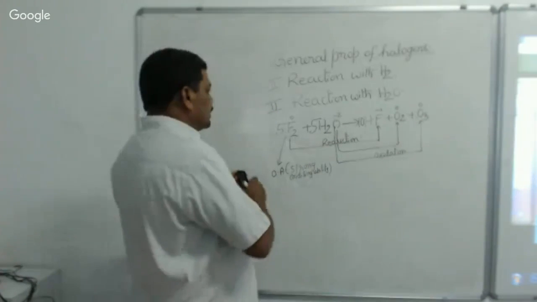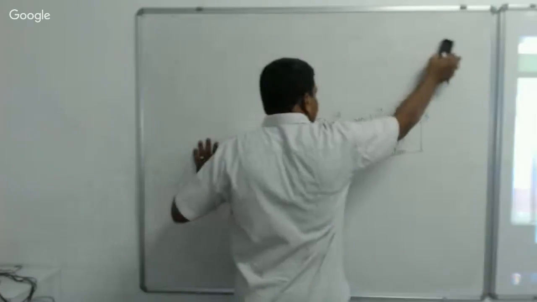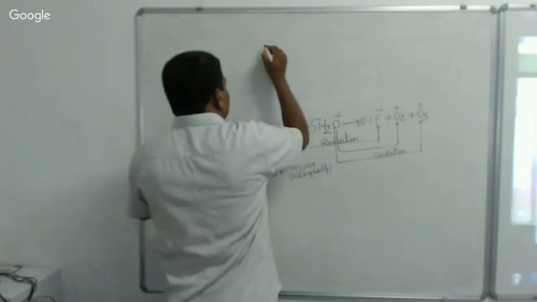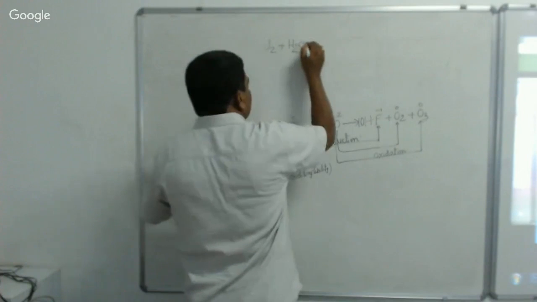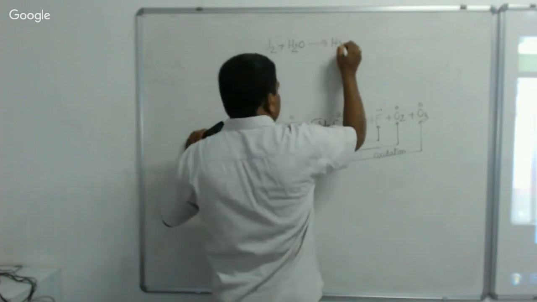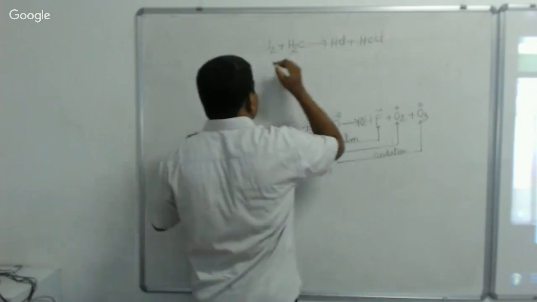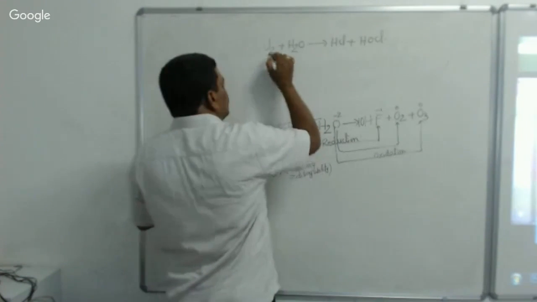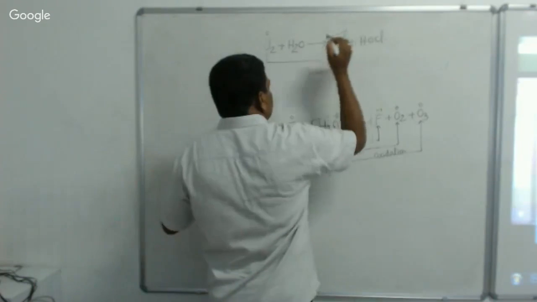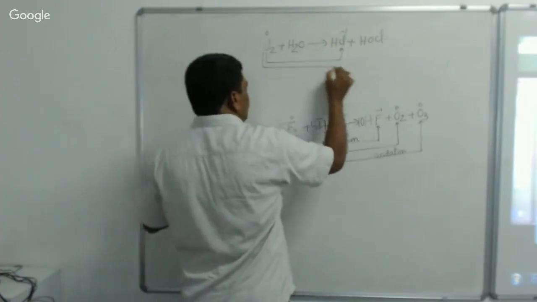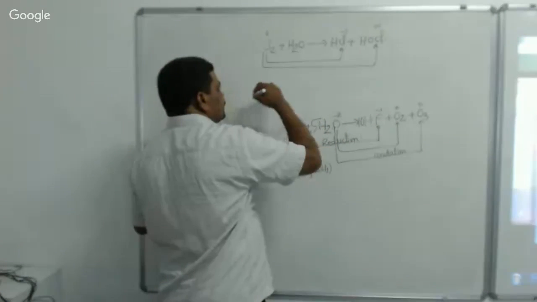Suppose if you go for the same reaction with chlorine, chlorine reacts with water, forming HCl plus HOCl. Here, the chlorine oxidation number decreases from 0 to -1, and increases from 0 to +1.